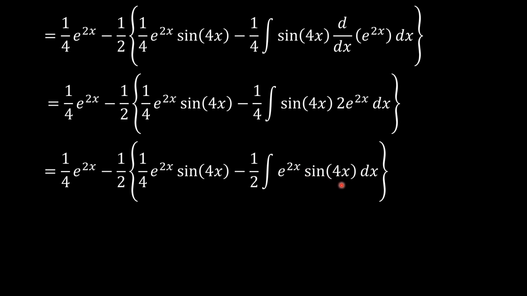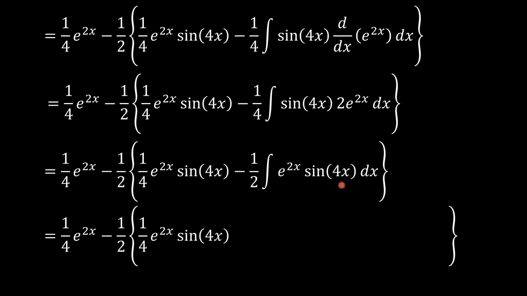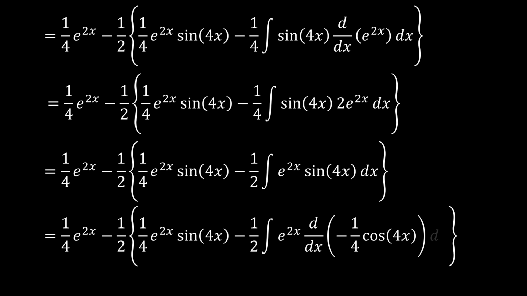Sine 4x can be expressed as the derivative of negative a quarter cosine 4x, and the negative will come out eventually. So we've expressed this as that, and we're going to use again integration by parts.